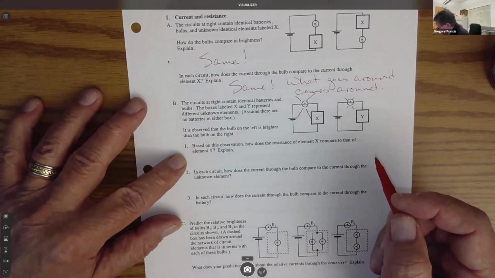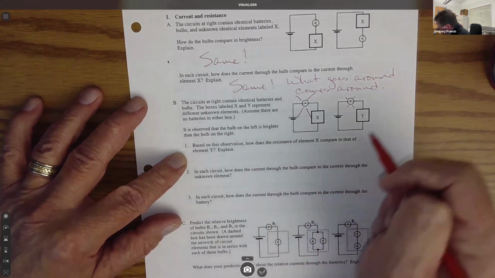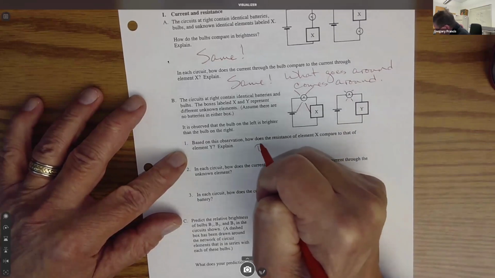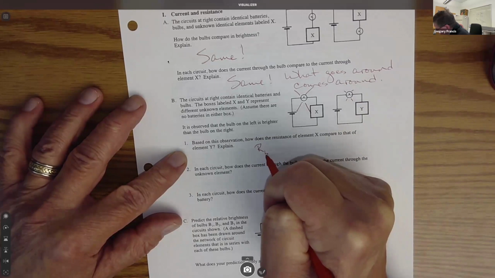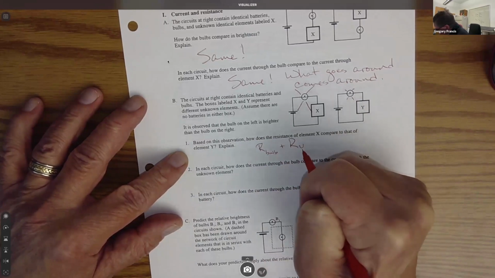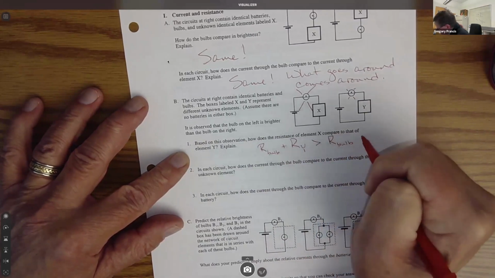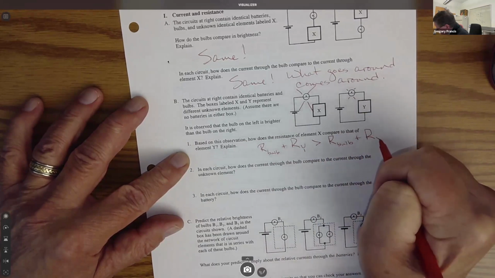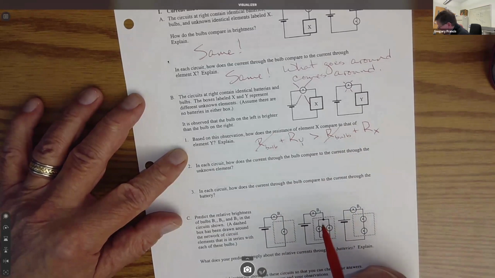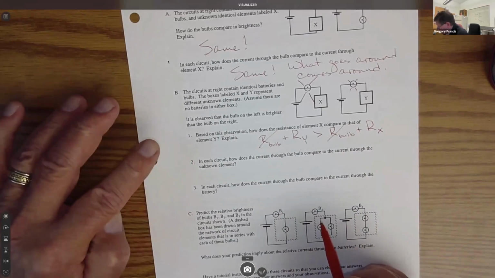And so that tells me that, since the resistance of this circuit on the right is greater, the resistance of a bulb plus the resistance of Y has to be greater than the resistance of a bulb plus the resistance of X. And since I've got a bulb on both sides, I just ignore that. And I say that the resistance of Y is greater than the resistance of X.